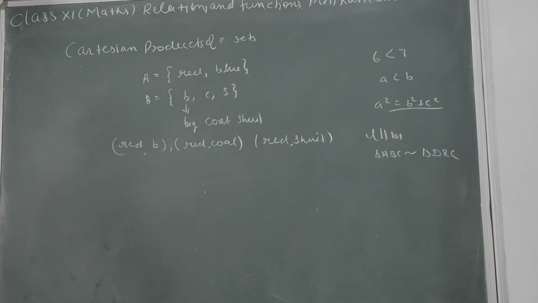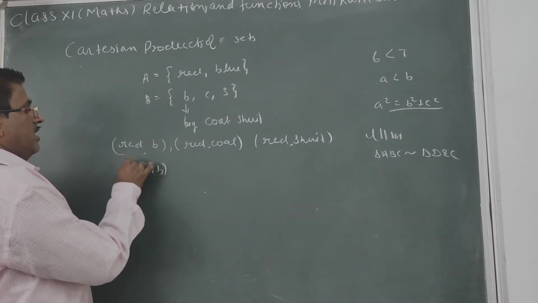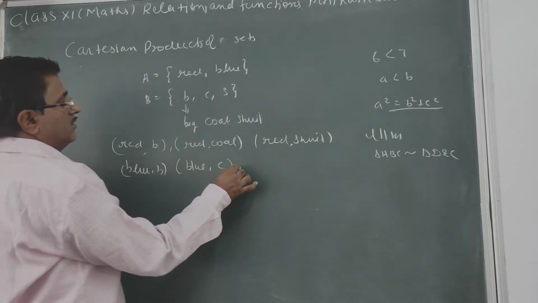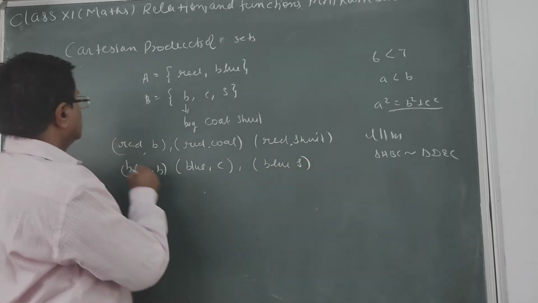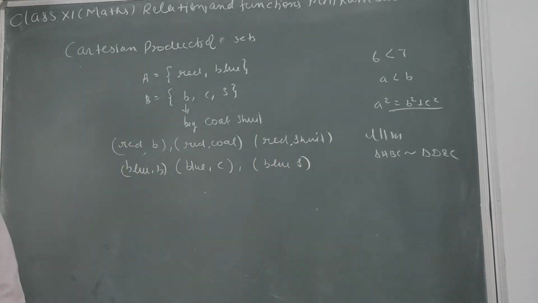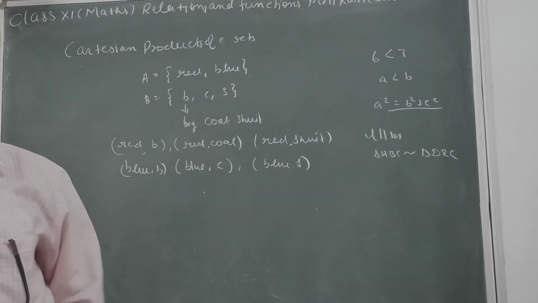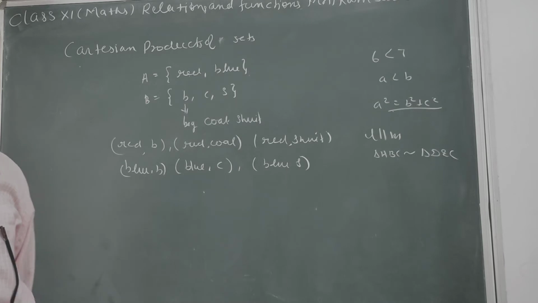Similarly we take three more for blue: blue bag, blue cord and blue shoe. So in total these possible relations may be there. यानी एक सेट से दूसरे सेट में अगर आप रिलेशन बनाना चाहो तो ये रिलेशन बनेंगे. Thus we get 6 distinct pairs. Clear?